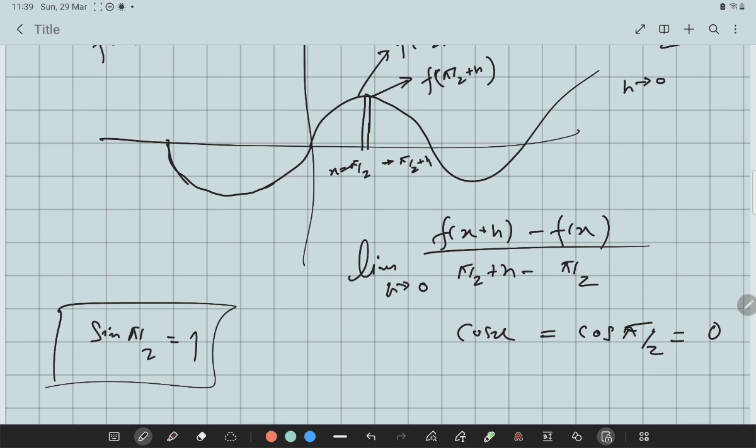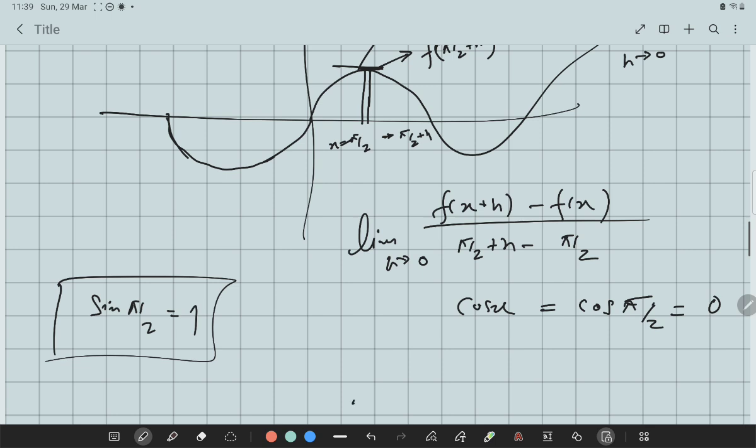Here the very small difference means the rate of that function at that particular point. If you see this slope over here, let me draw it properly.